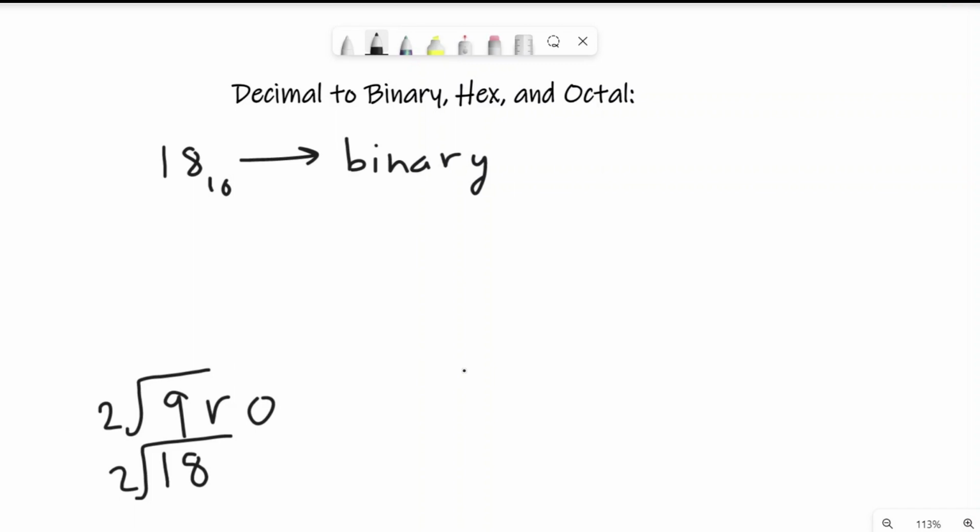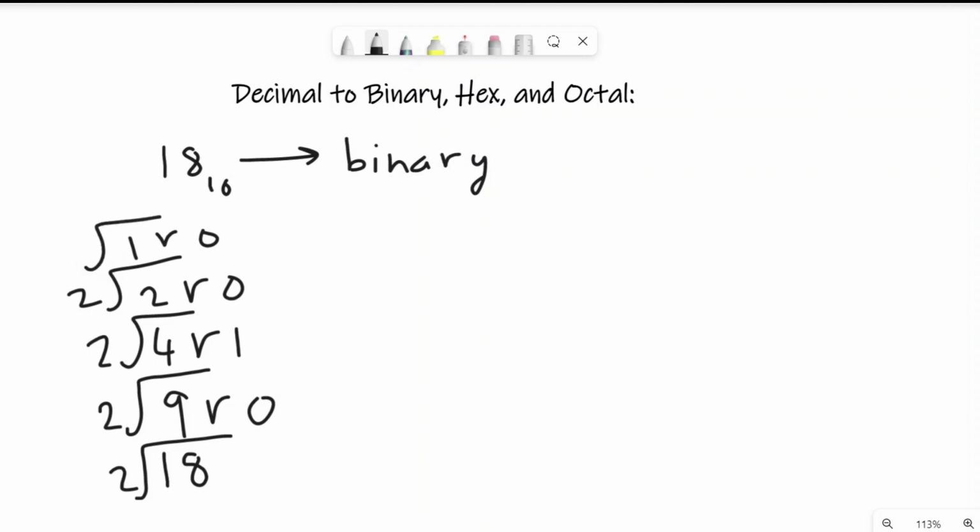So if we continue this division, we would get 2 times 4 with a remainder of 1. We go yet again, 2 times 2 with a remainder of 0. One more time, 2 times 1 with a remainder of 0. And then here, you can't go into 1 any more times, so it would just be 2 times 0 with a remainder of 1, and we stop there.